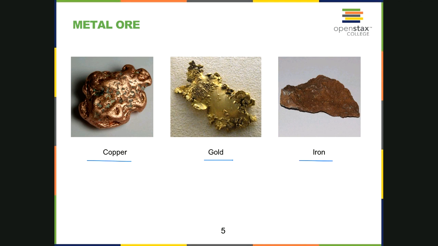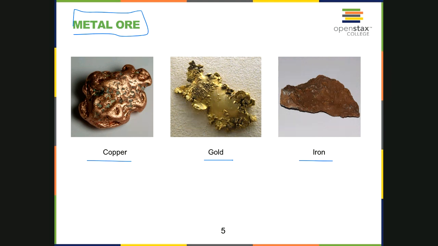Except here, we're going to use these and we're going to melt them and we're going to refine them, because copper, gold, and iron all have financial value that we can use if we process them. Now, the other ones, the minerals, usually you don't process those.